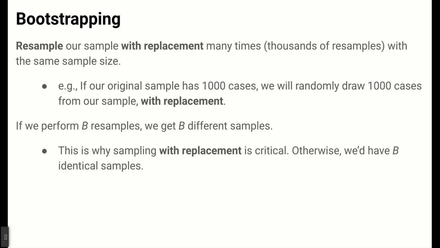So if we perform, say, B equals 10,000 resamples, bootstrapping will give us 10,000 samples of size 1,000. The sampling with replacement is critical because it allows different resamples to be produced each time. If we performed the resampling without replacement, we just obtain the original sample over and over again.